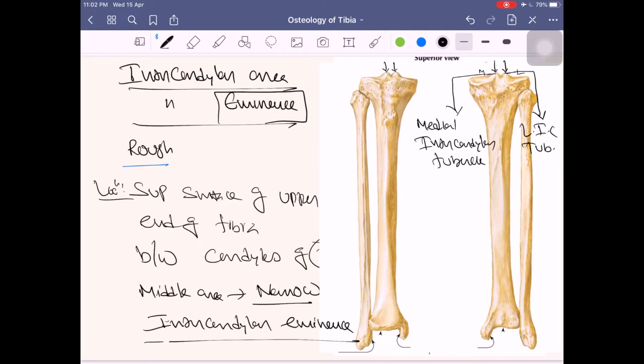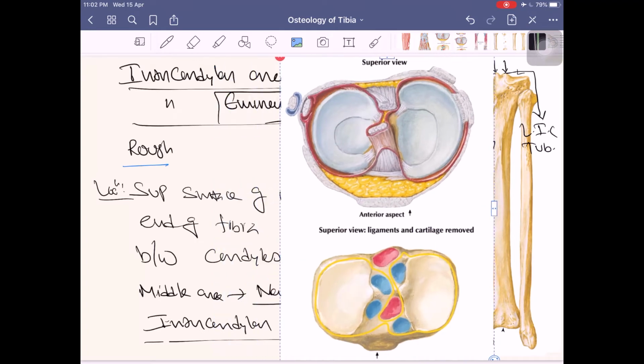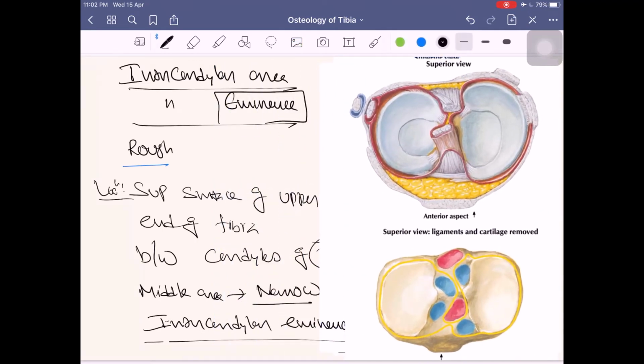Now, there is an area in the front and there is an area behind. If you see the superior view again, you can make out this is the area which I told you is your middle part.